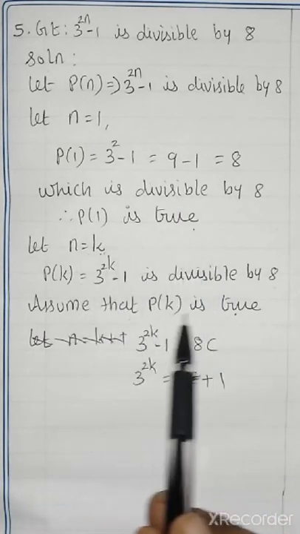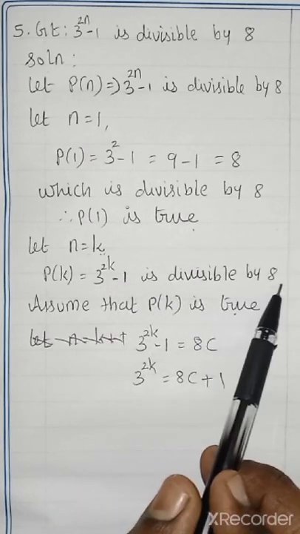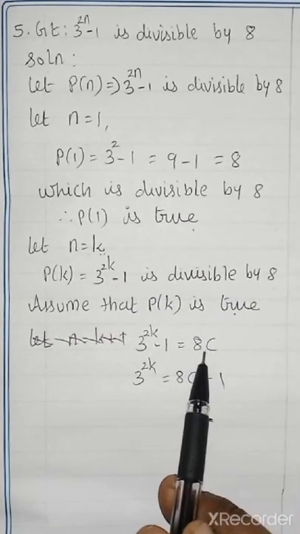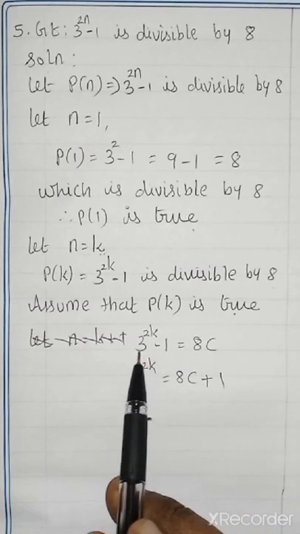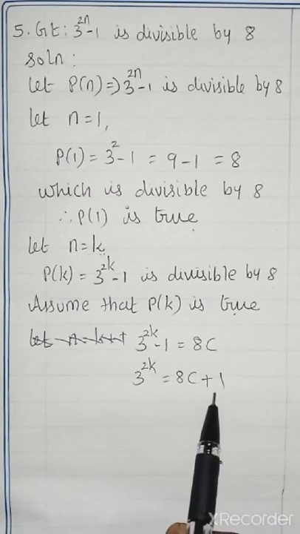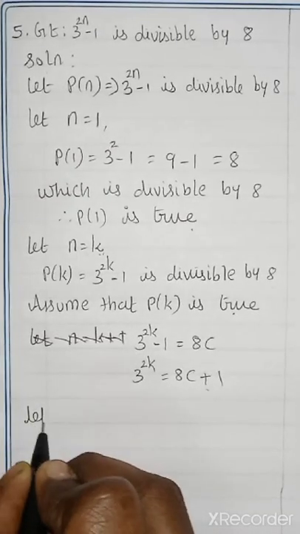But here we don't get any term. So we have to take that 3 power 2k minus 1 is divisible by 8, as given. So any multiple of 8 will divide this, correct? So we can take the general term as 3 power 2k minus 1 equals 8c, minus 1 going to the other side, 8c plus 1. Okay, now we can take the next step.